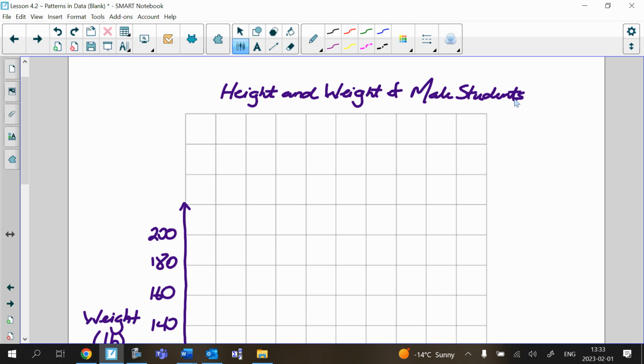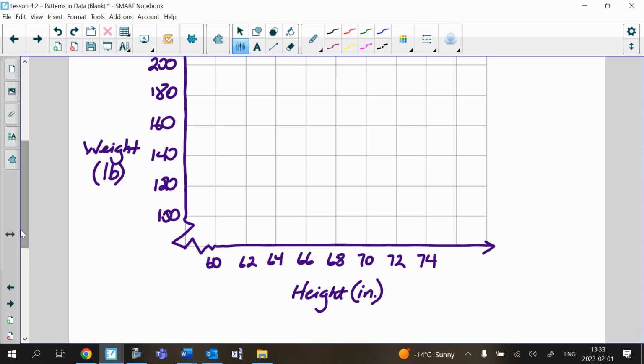61, 110. Right there. Put a little X. 69, 150 up here. 71, 180 up here. 62, 120 right at the intersection there. 65, 140 on that line there. 73, 200, that's the highest one. 65, 130, that would go about there. 72, 165, that's 170, so somewhere around there.